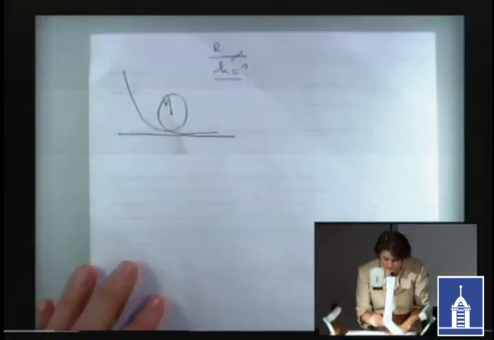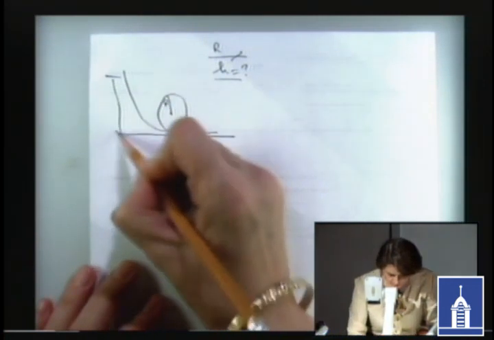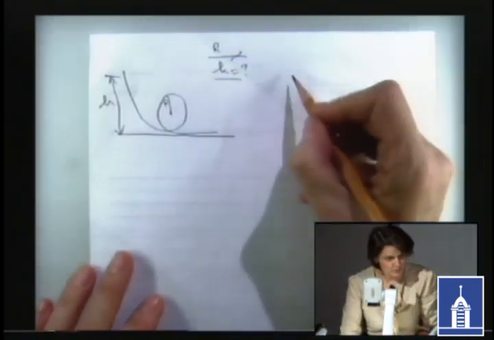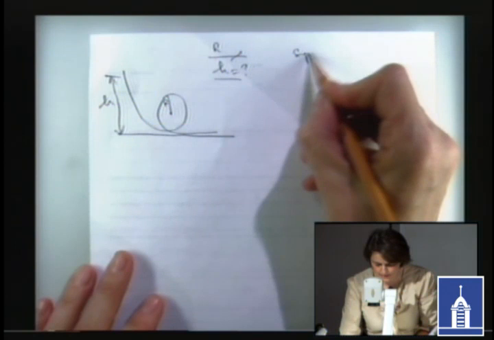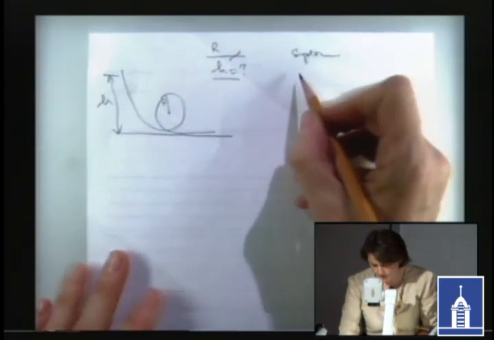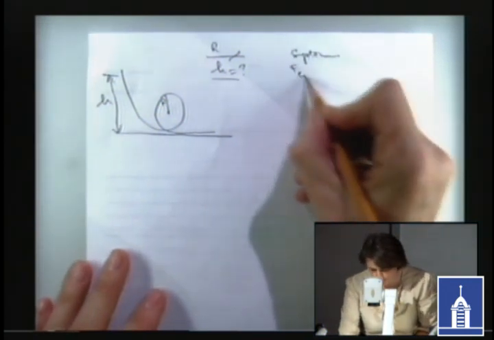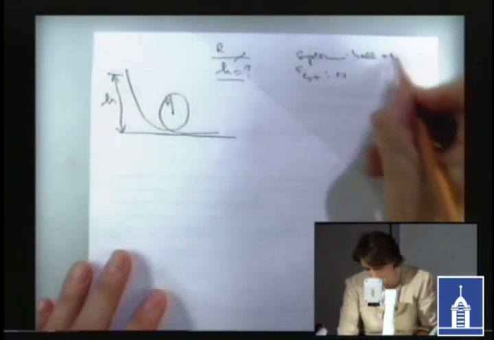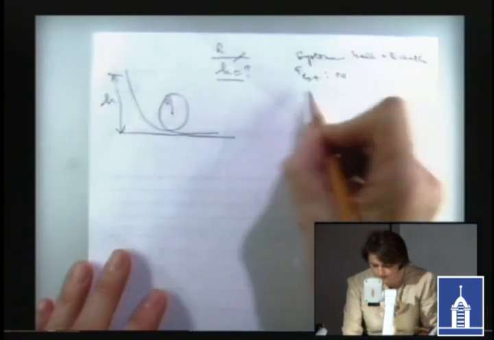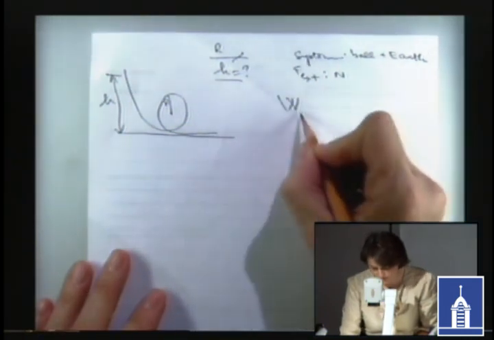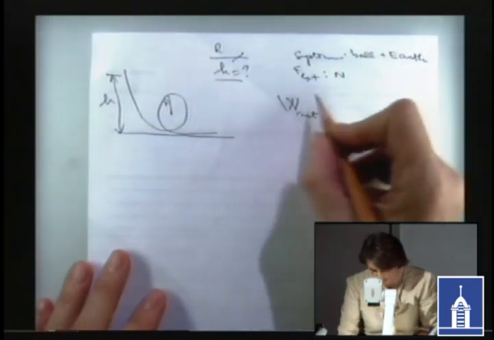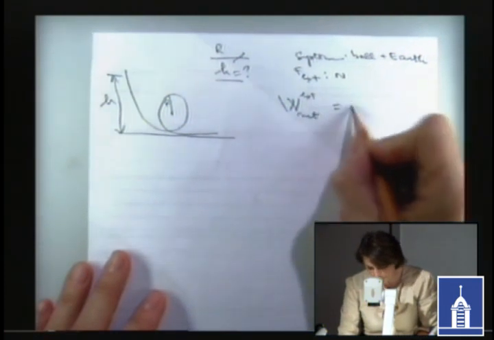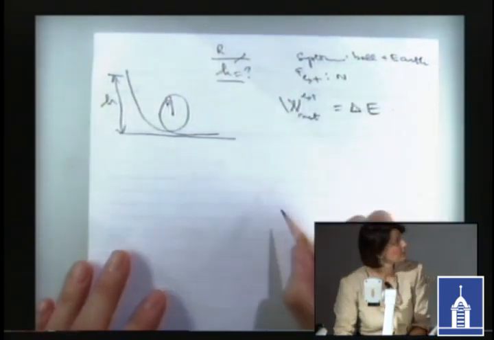Okay, so let's say that this one here is H. And you said that I know what the system is, and I know what the external forces are, right? Then you said that the work done by the net external forces will be the change in energy, right?